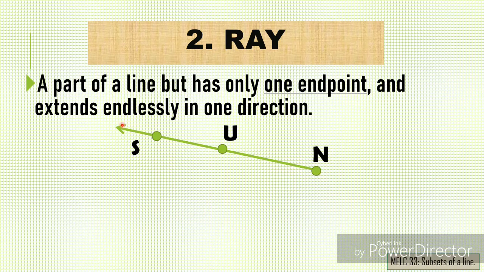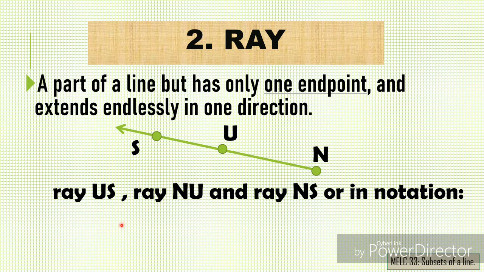What if, paano naman ang direction niya? Hindi papuntang kaliwa, hindi papuntang taas. Kundi, kung mapapansin niyo, ito yung north, ito yung west. So, northwest ang direction niya, di ba? Pwedeng patagilid, di ba? So, iba-ibang direction kasi ng ray. But meron tayong tatlong rays pa rin dito, no? Ano yung mga names? Ray US. Take note ha, U yung endpoint, yung S yung na-extend na portion. Ray NU, endpoint yung N, yung U ang na-extend na portion.